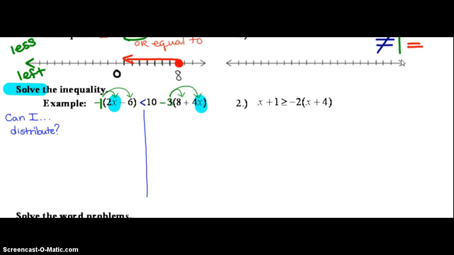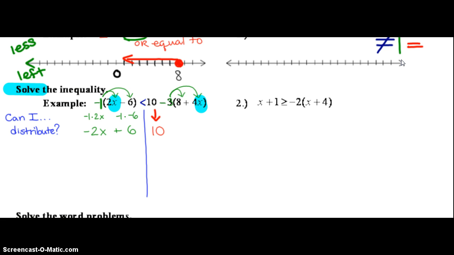So negative 1 will get distributed to 2x and to the minus 6. The negative 3 will get distributed to the 8 and the 4x. The only thing not being distributed is the 10, so I'll bring it down. Negative 1 times 2x and negative 1 times negative 6 will make negative 2x plus 6.